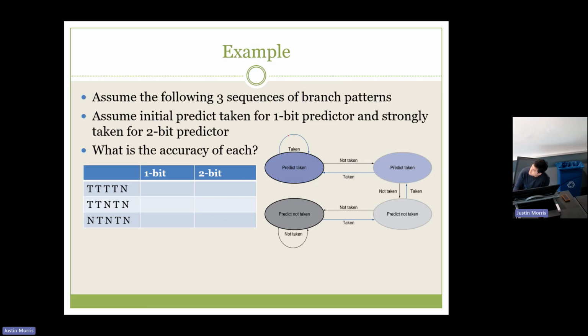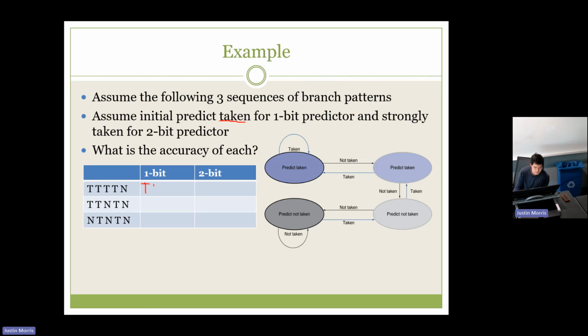So the initial prediction for our 1-bit predictor is taken. I haven't seen anything, right? It was initialized to taken, so I'm going to predict taken. And now, when I see the second occurrence of the branch, my previous one was taken, and it was right.